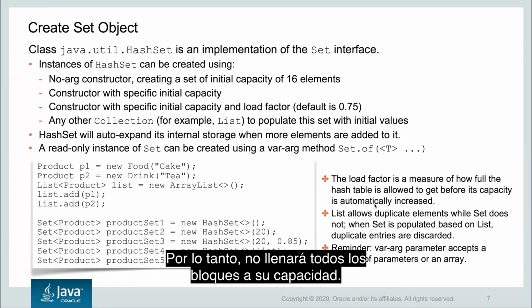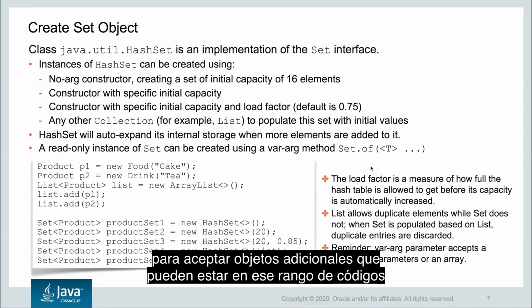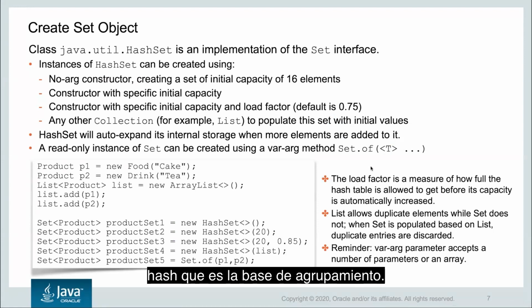So we will not fill every bucket to capacity. We will leave space within every internal group of object storage to accept extra objects that may fall into that range of hash codes.